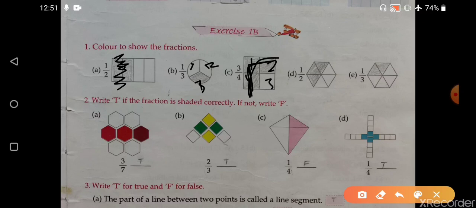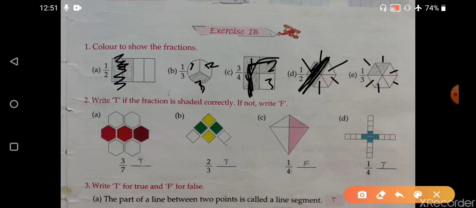Question number D, 1 upon 2. In this also we have to cover half part of the figure. So in this, total quadrants are 1, 2, 3, 4, 5 and 6. When they are asking to color half, we'll color 3 of them. And in question number E, 1 upon 3, we'll have to see how many total parts are there. 1, 2, 3, 4, 5 and 6.